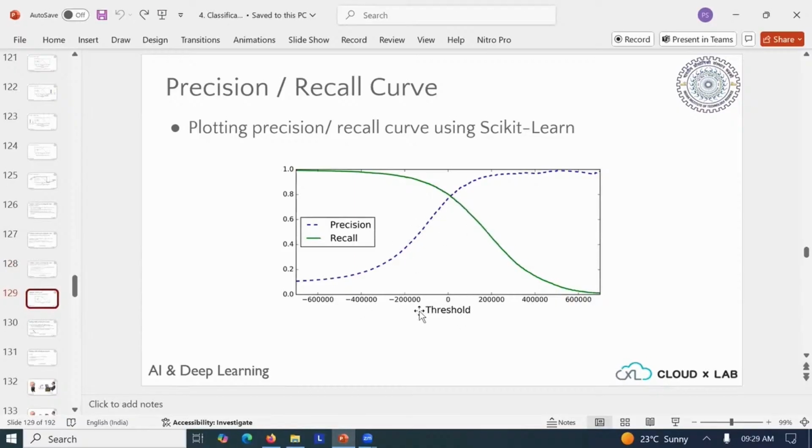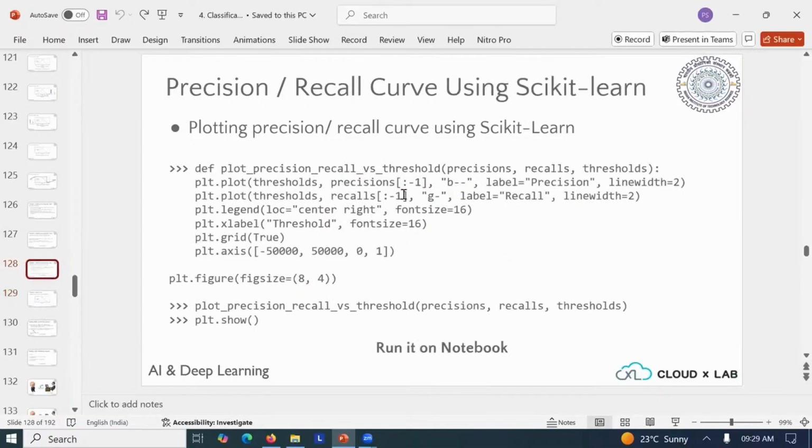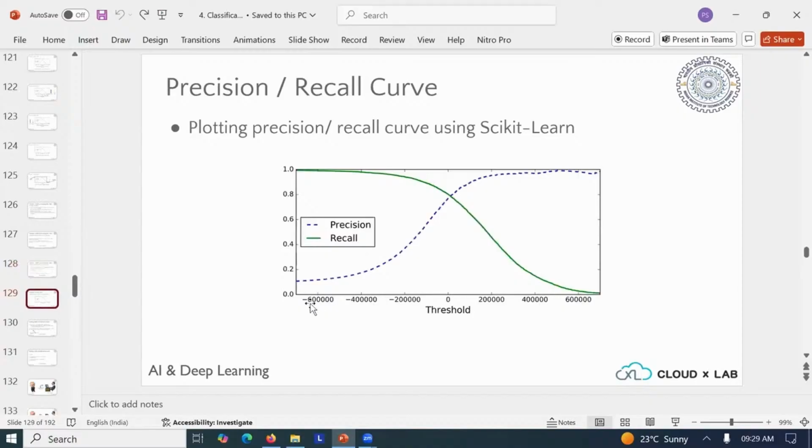The x-axis is threshold, and on the y-axis we are plotting precision and recall both. And this is the range: x-axis minus 5,000 to plus 5,000, y-axis 0 to 1, right?